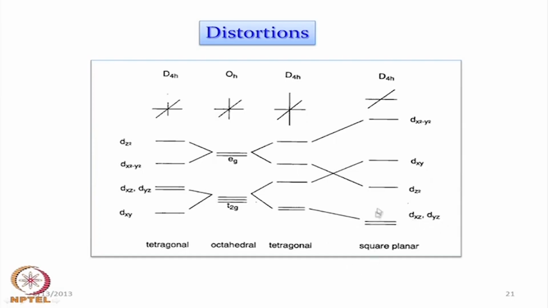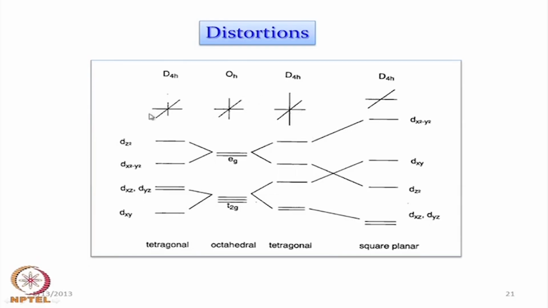So we get the ordering for square planar geometry. So as we move from octahedral to square planar, more and more we are pulling away the z axis ligands. So we have a direct correlation from this T2g set to this doublet set, this T2g set to this dxy level, similarly Eg to this dz square and Eg to this dx square minus y square level.